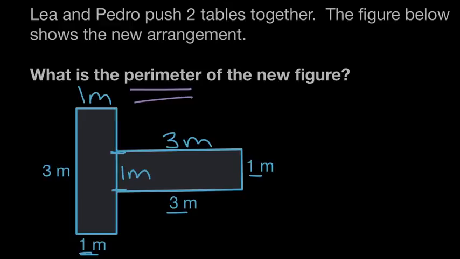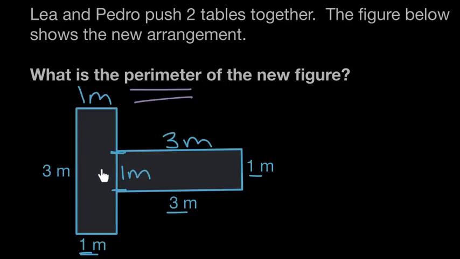So this 1 meter will not be included in our perimeter, but it is still important to us, and here's why. This length and this length are part of the outside, and we need to know how long those are. So what we can say is if this entire length is 3 meters, then this entire length is 3 meters.